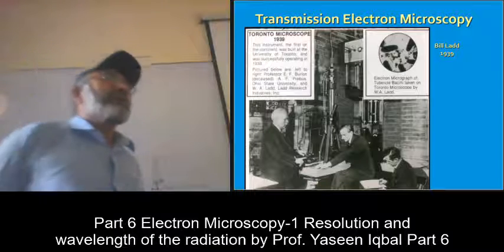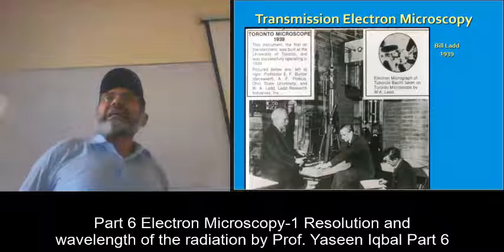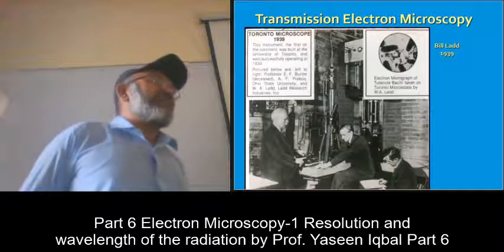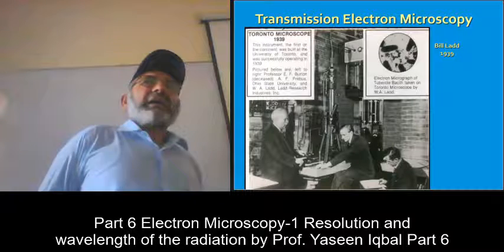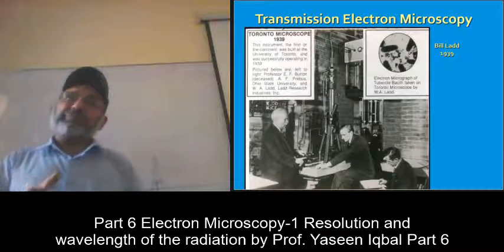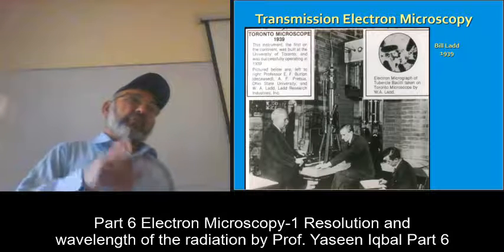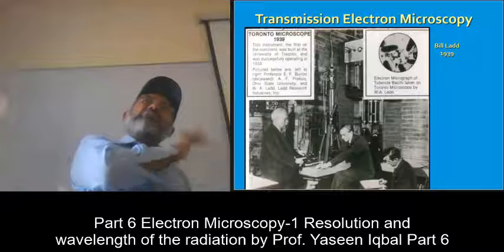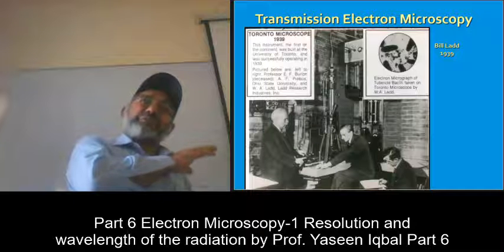So look, the total age of the microscope is not more than 60 years. And the actual engineering of material started with the development of the first transmission electron microscope.